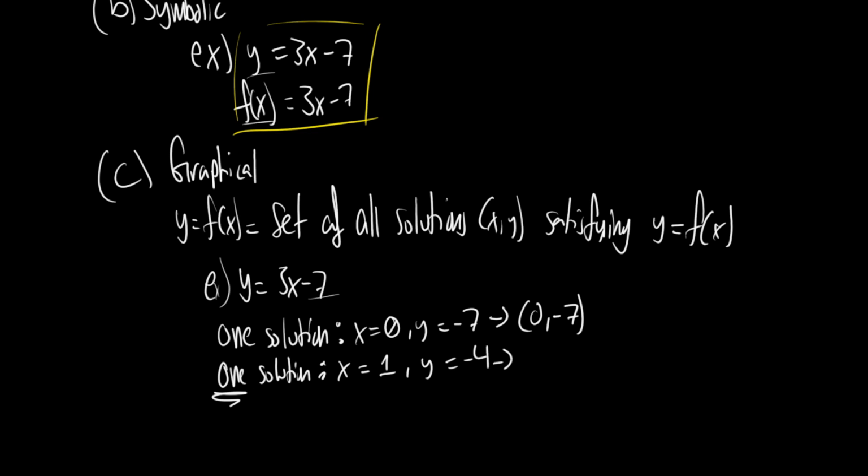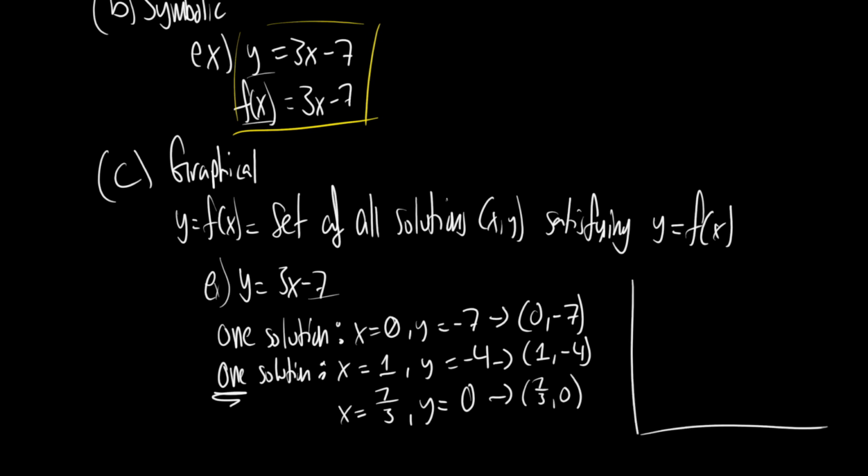And this would create a new point, (1, -4). And of course, we could create a new value, like 7/3. This would be 7 minus 7, so y equals 0. And that will be 1 point.